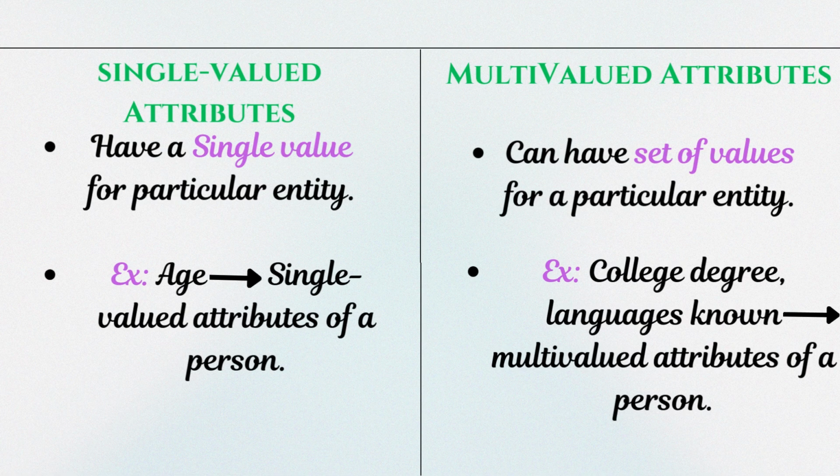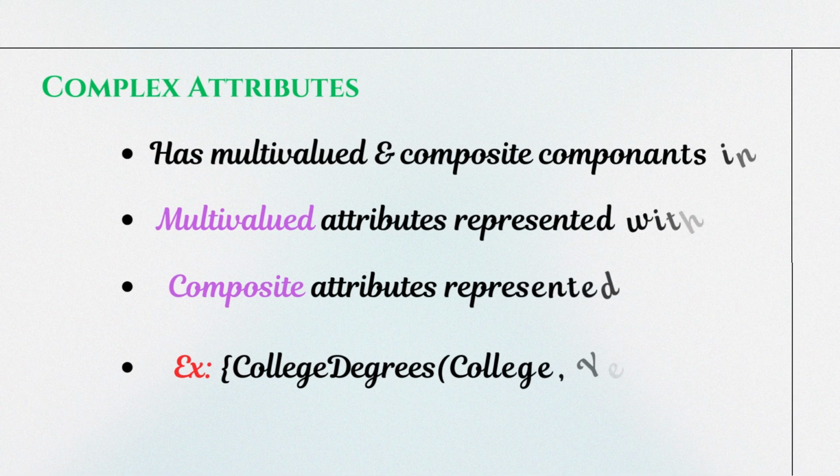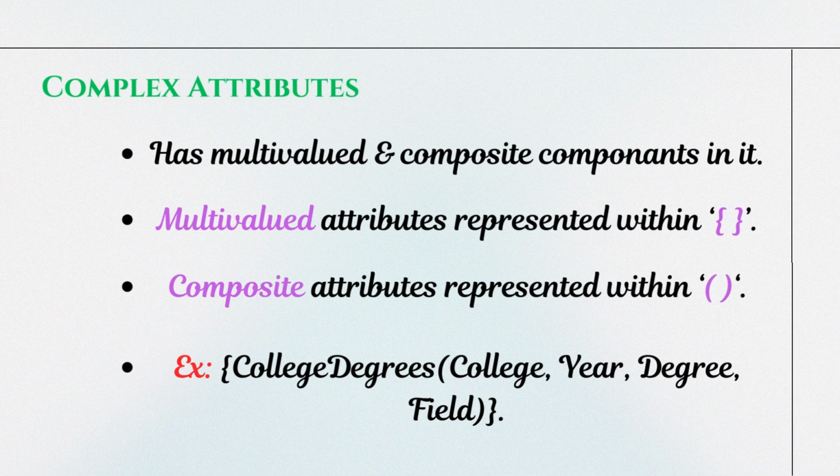Next, let us see what complex attributes are. A complex attribute has multi-valued and composite components in it. We have already seen earlier in this video what multi-valued and composite attributes are. So a complex attribute has both. Here in the complex attribute, a multi-valued attribute is represented within curly brackets, and composite attributes are represented within round brackets or parentheses.